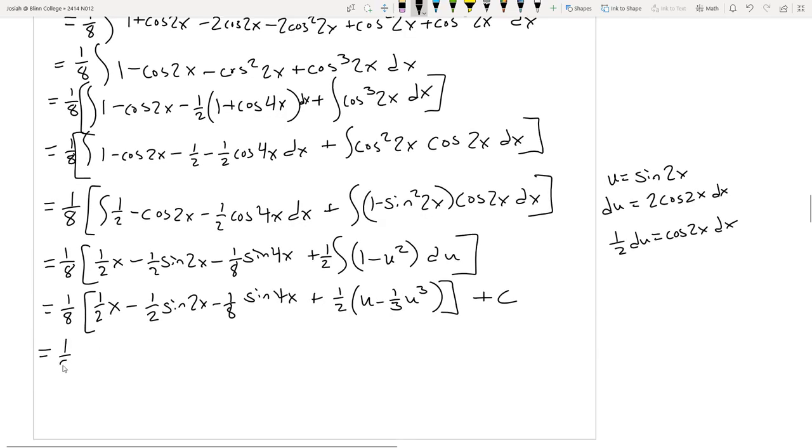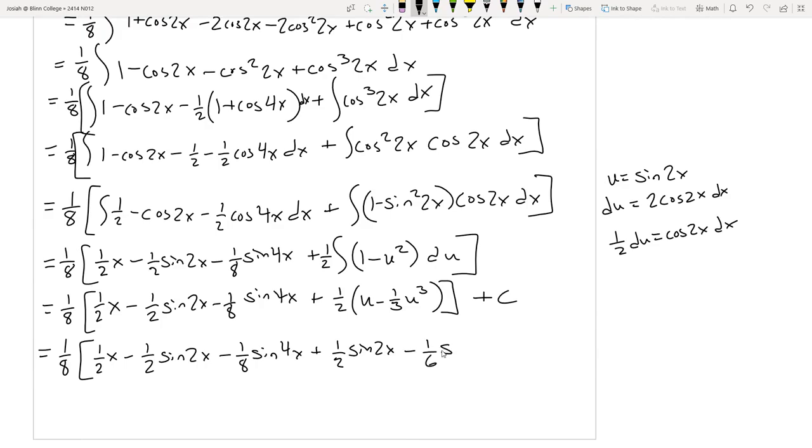So 1/8 times 1/2 x minus 1/2 sine of 2x minus 1/8 sine of 4x plus 1/2 u, so that's 1/2 sine of 2x minus 1/6 sine cubed of 2x, if I swap that u in for sine of 2x and then multiply by 1/2. And I think we're good to change this bracket into a parenthesis.